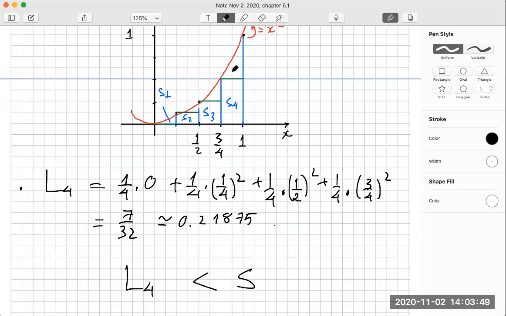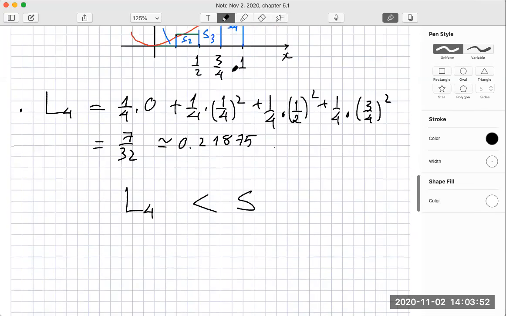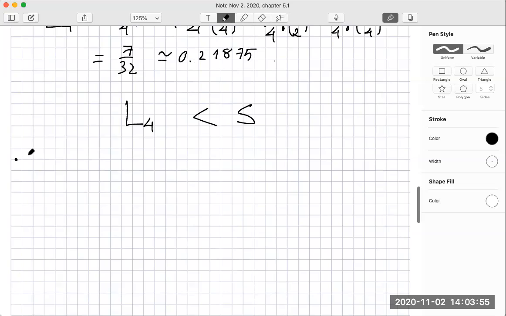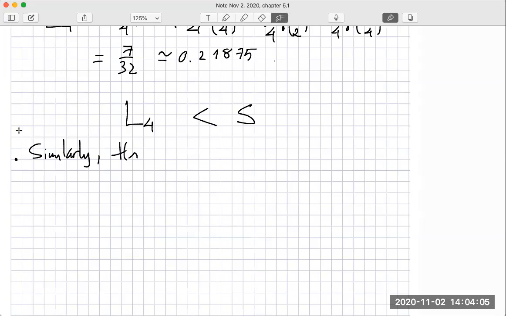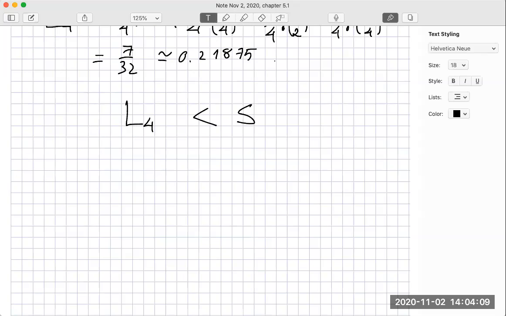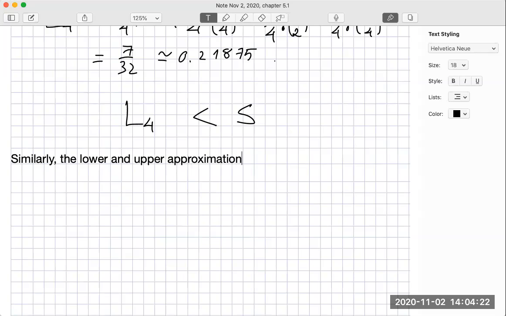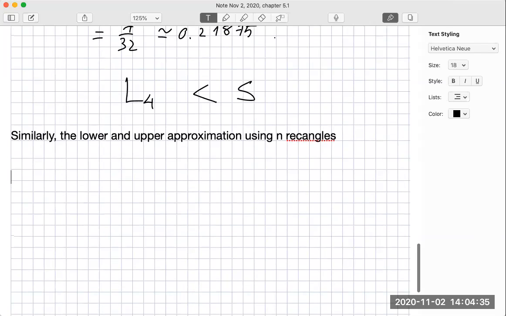So similarly, in general, if we create a finer mesh, discretization, the lower and upper approximation using n rectangles, we have a table like this.